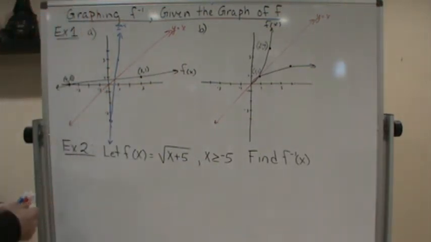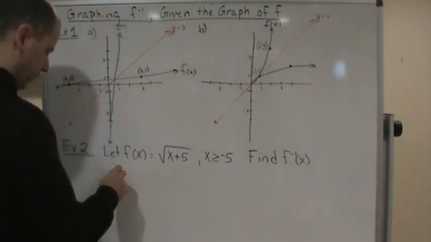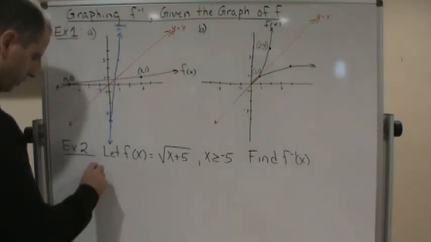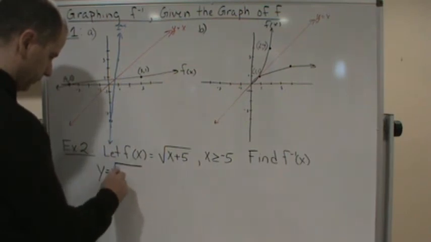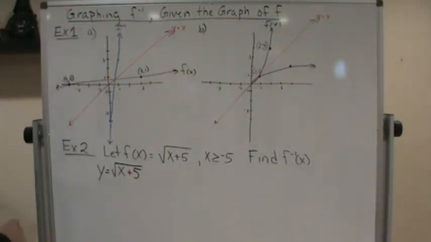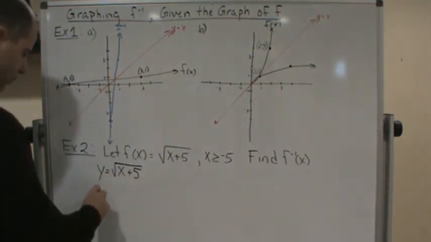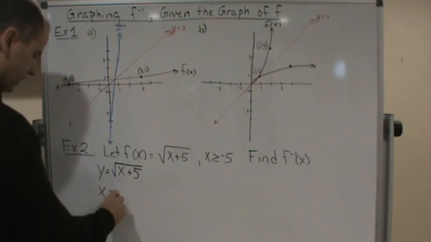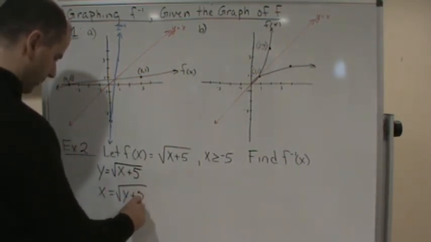Again, the 4 steps: first we replace f of x with y, so we have y equals the square root of x plus 5. Then I'm going to interchange x and y, so I write x equals the square root of y plus 5.